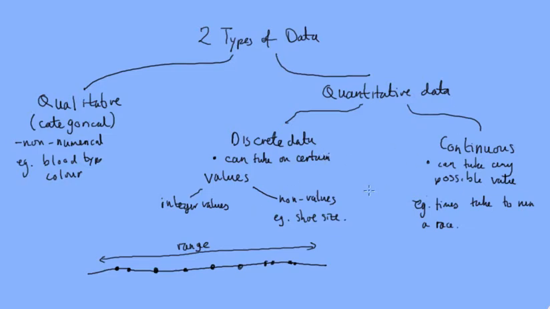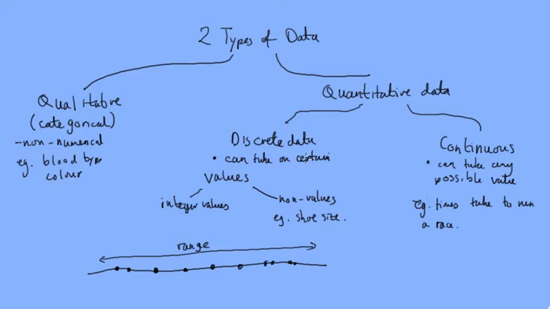Once you've got your raw data, you need to be able to present that data in a way that's more usable than just a whole big list of numbers, which is quite hard for us to look at and to really interpret. And so the way we deal with different types of data changes.